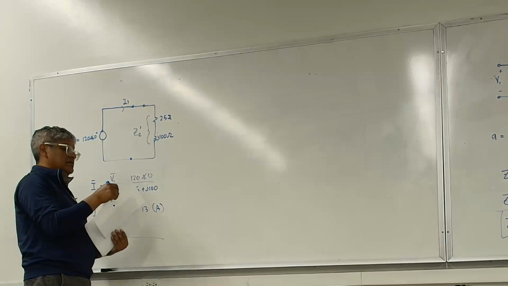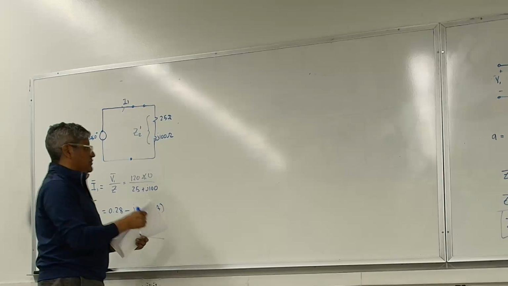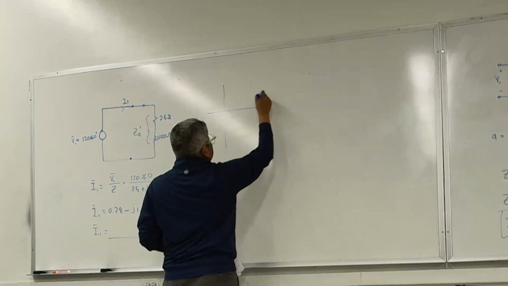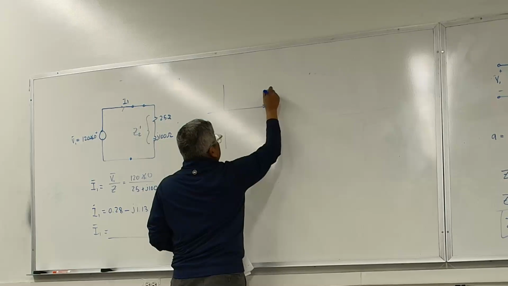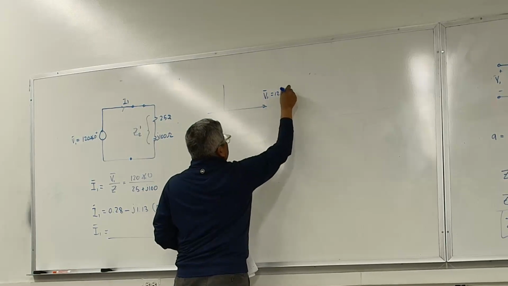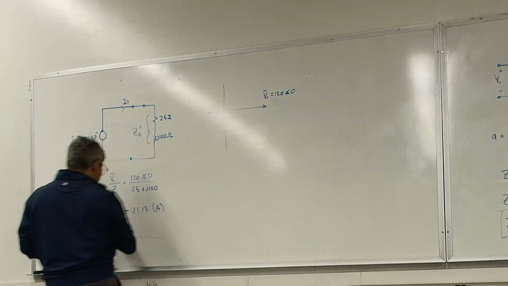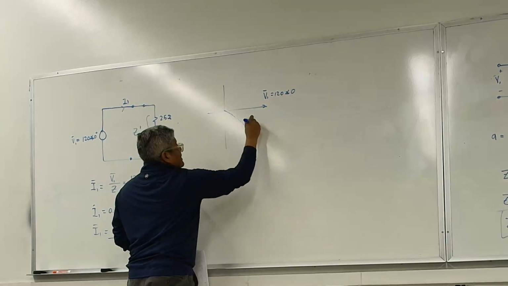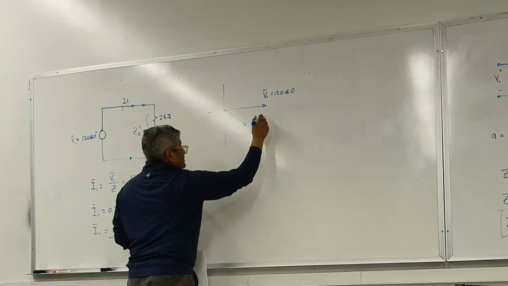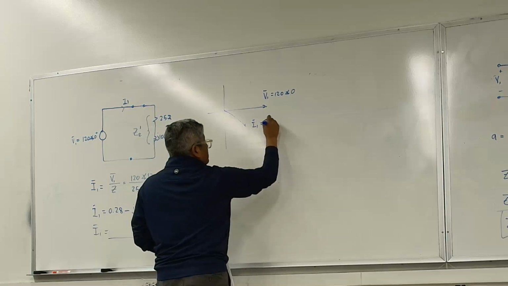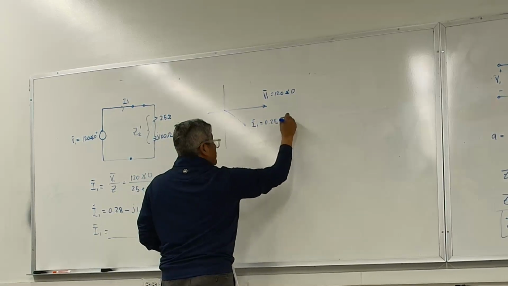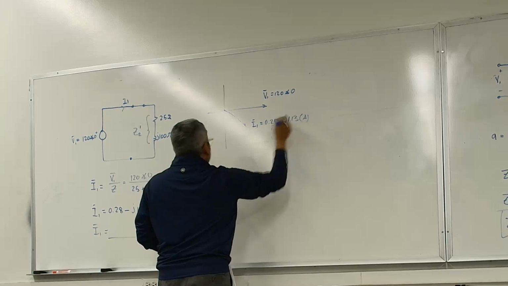Let me see. Do I have it? No, I didn't do it. Basically, if you look at phasor diagrams like this, V1 is equal to 120 angle 0, and then we got a current somewhere here, right? I1, which is 0.28 minus j1.13 amps, which makes sense, right?